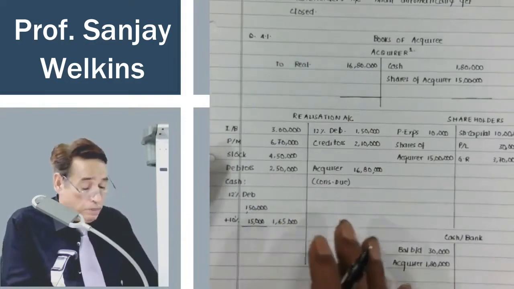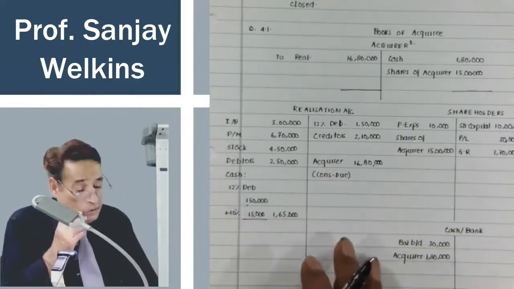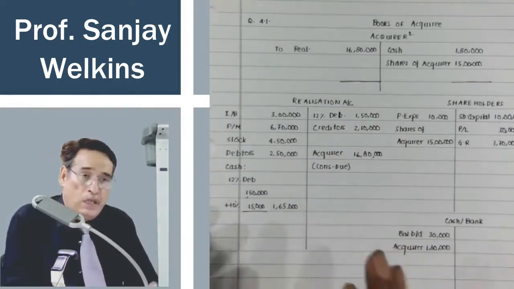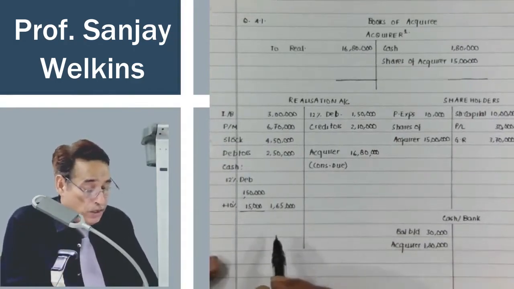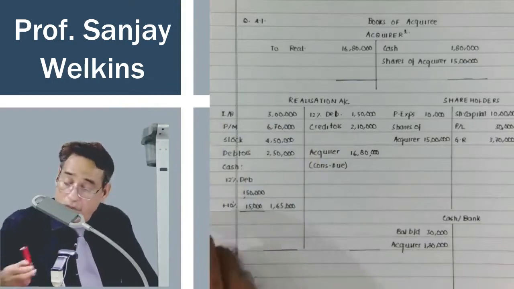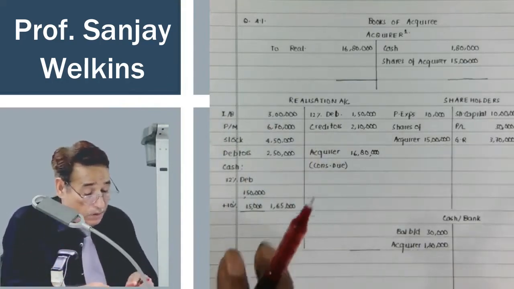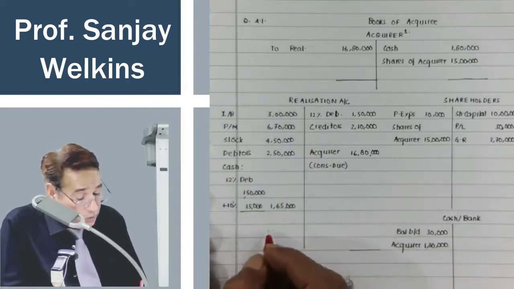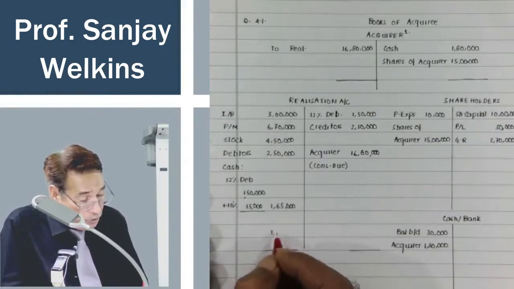So once you pay the liability, the next thing is to take care of expenses, but expenses are borne by the purchasing unit. So now we will have to tally this account. In order to tally this account, what I will do, our credit side is more, so whatever profit is there, that should be actually 1,55,000.